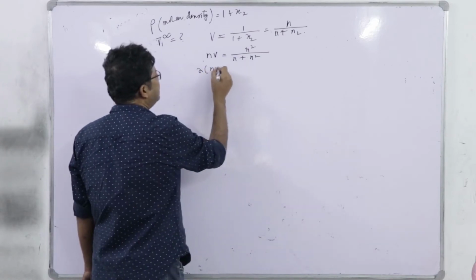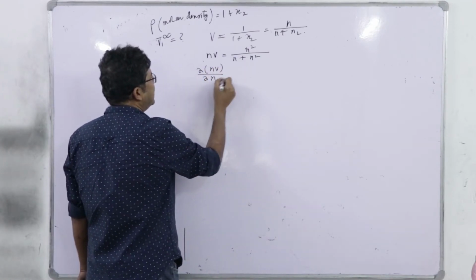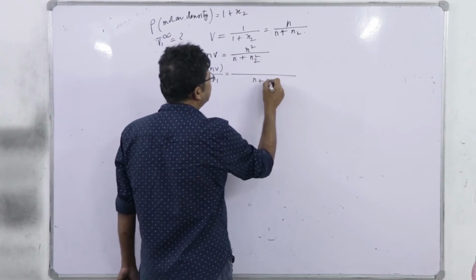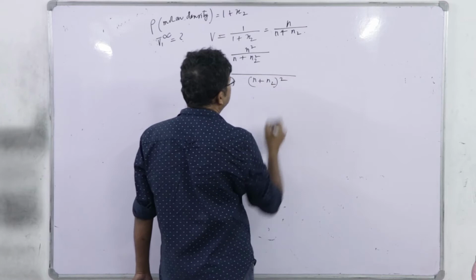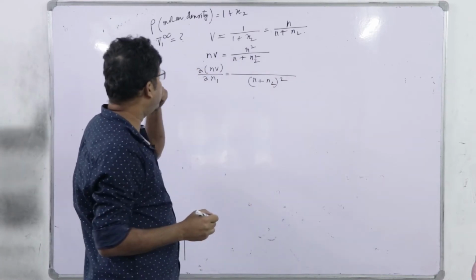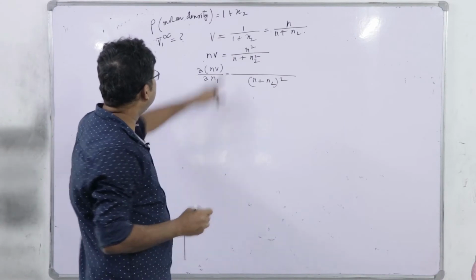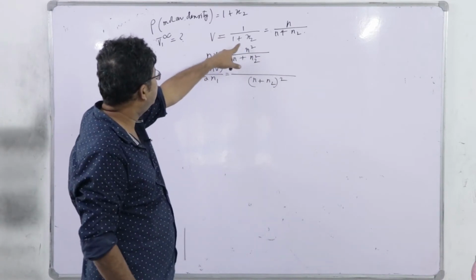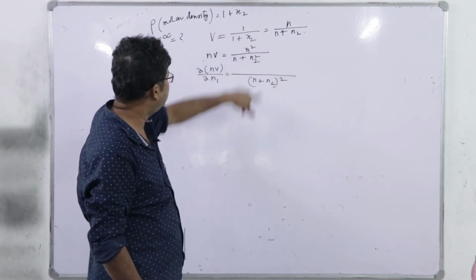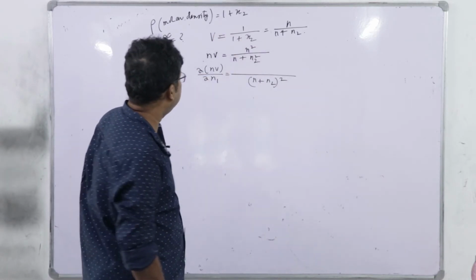So, del of NV, del n1, n plus n2 whole square, am I correct here? N2 by n goes to numerator, n plus n2, it is fine, NV.